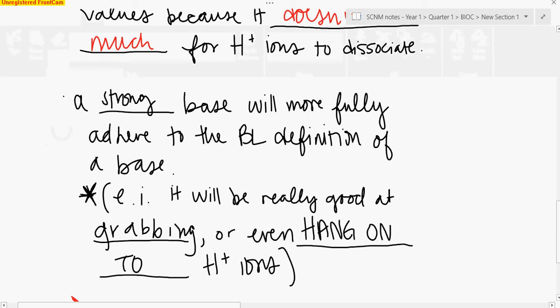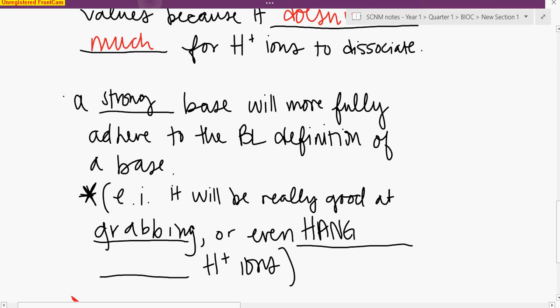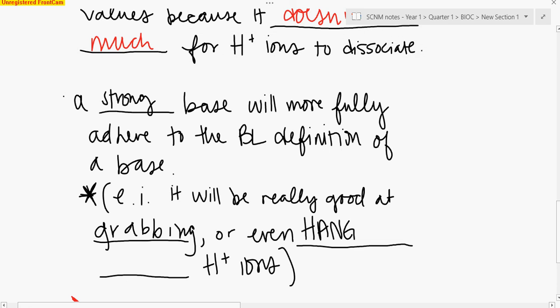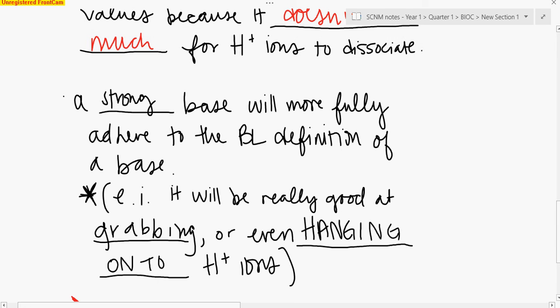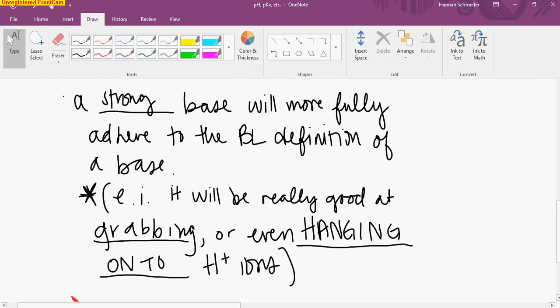Let's try this again. So our strong base will more fully adhere to the definition of what a base is, in that it will be really good at grabbing or hanging on to its hydrogen ions. Those hydrogen ions aren't going to dissociate as well as the hydrogen ions on the acid.